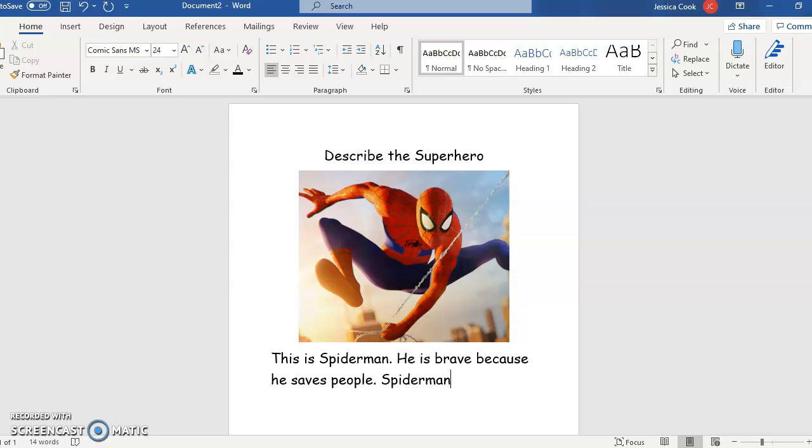You're describing this superhero. The skills I want you to use are writing sentences and putting a full stop at the end of your sentence. When I was doing some work with some children the other day, they were just putting a full stop at the end of the line. But that's not where we need a full stop. Remember that the full stop goes where the sentence ends, where you've finished making the point you are making.